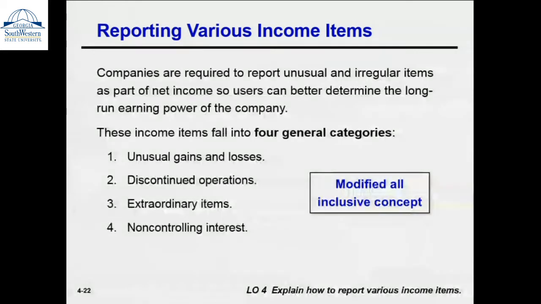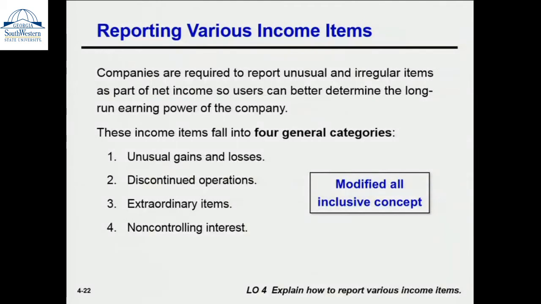We have a discontinued operations section, and then we have an extraordinary items section. See how number 2 and number 3 are added onto our income statement under the things that we've already discussed, the continuing operations. And then we come up with net income.